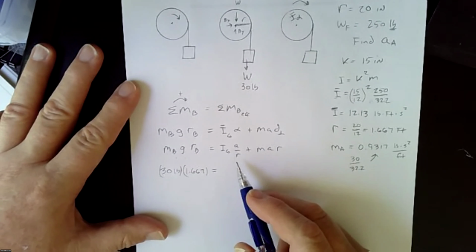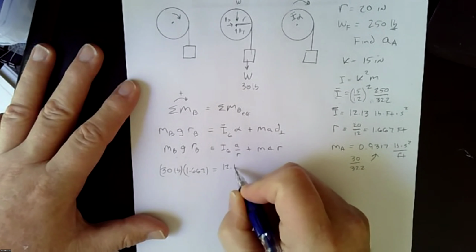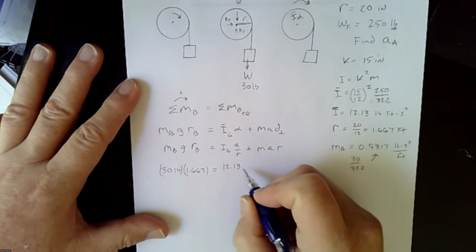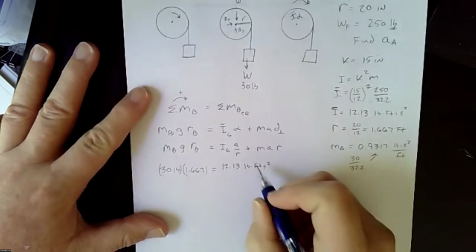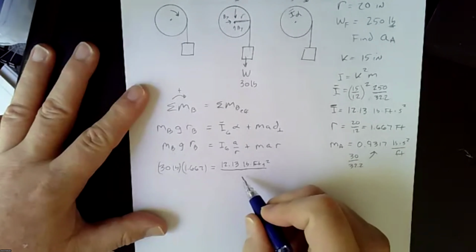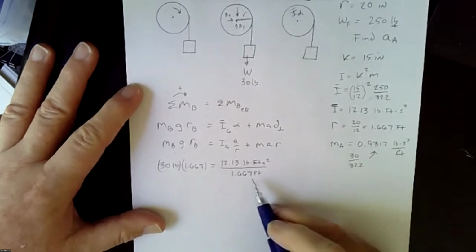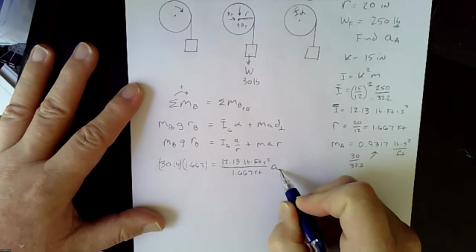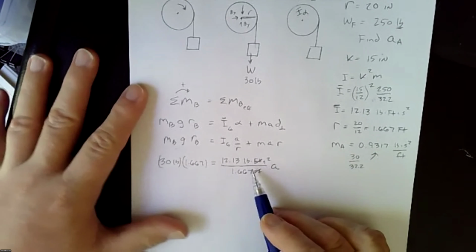That's going to be 12.13 pound feet second squared. And then I'll divide that by R, which was 1.667 feet, right? Because that's the radius. And then I'll move A out here. Okay. So feet cancel, and I end up with pound second squared.